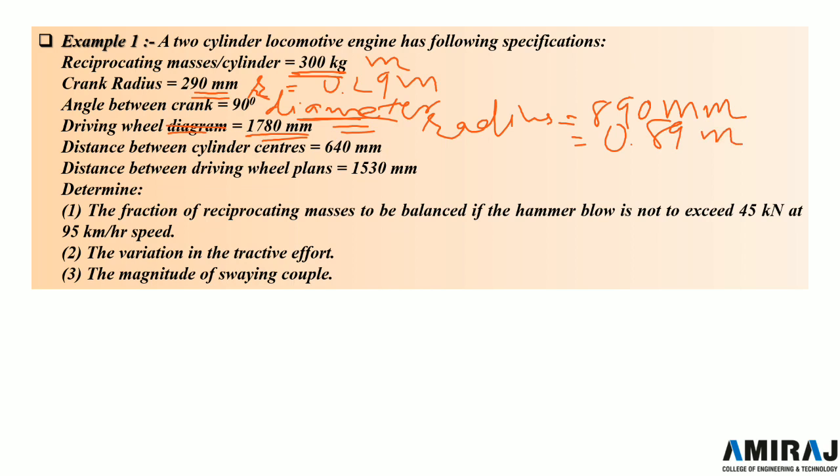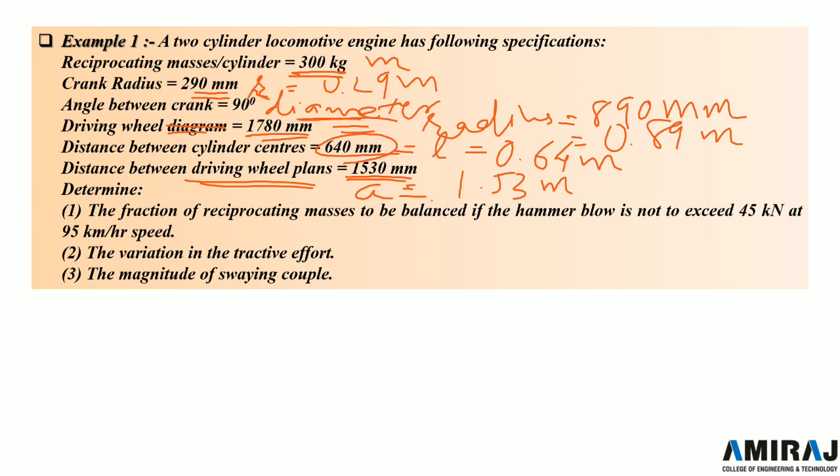After that, the distance between cylinder centers is 640 mm, that is the length, small l, and it will also be converted into meters, so 0.64 meter. After that, the distance between the driving wheel planes is given by small a, and that is also 1.53 meter.